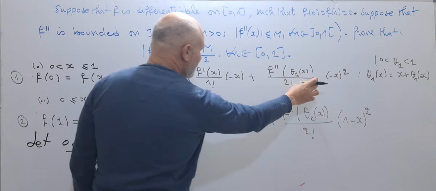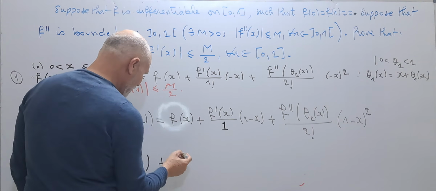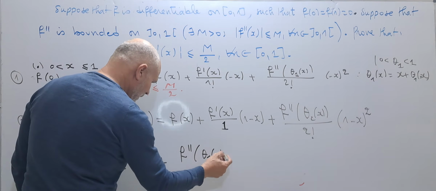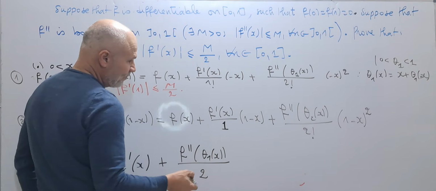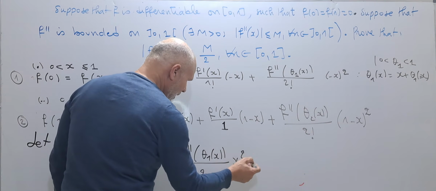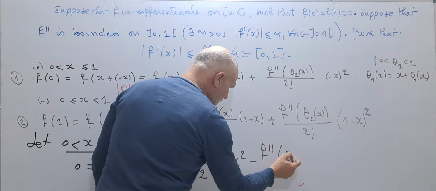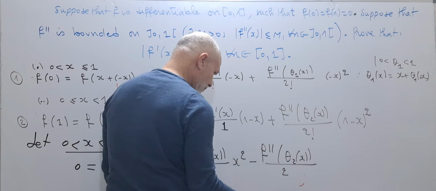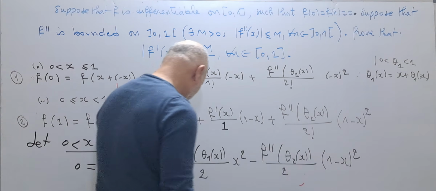And here we get plus f double prime of theta 1 of x over 2 factorial times x squared, minus f double prime of theta 2 of x over 2 times (1 minus x) squared.